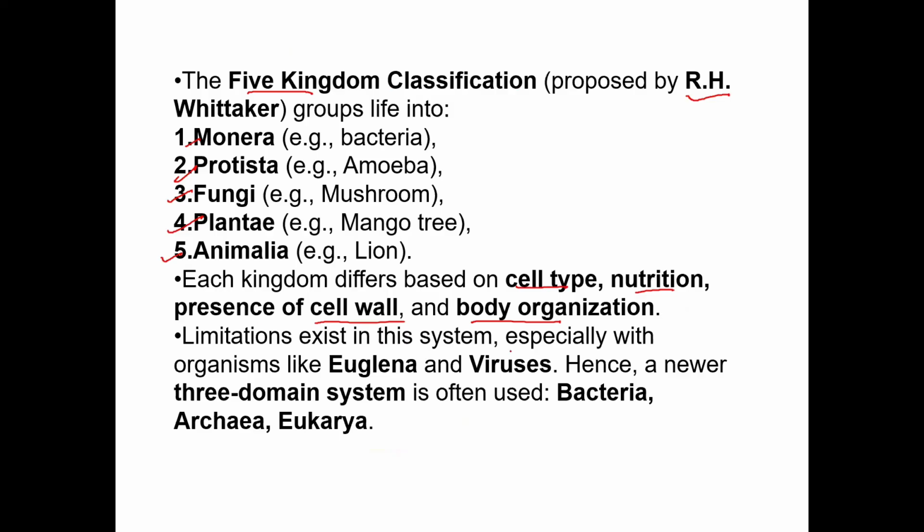Limitation exists in the system, like this system does not include euglena, viruses, virus like are not placed under any category. Hence, a newer three domain system is often used like bacteria, archaea, and eukarya is the modern classification system, or we can say three domain system.